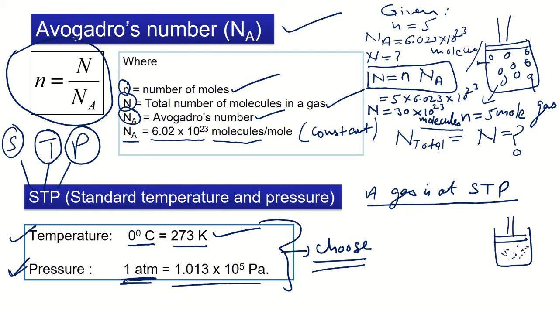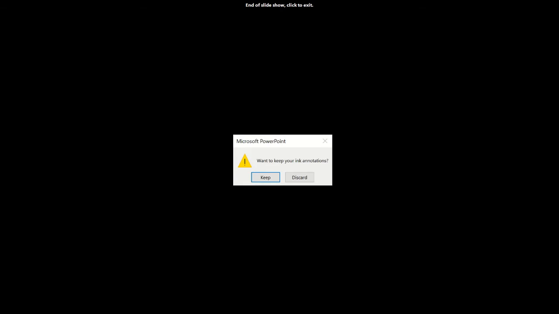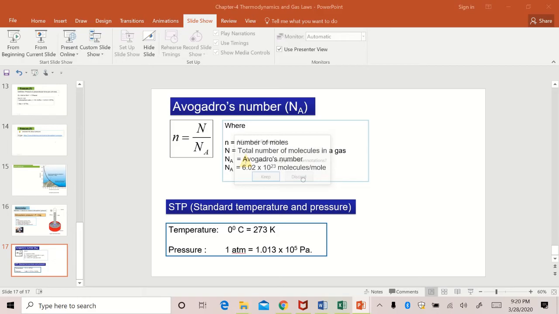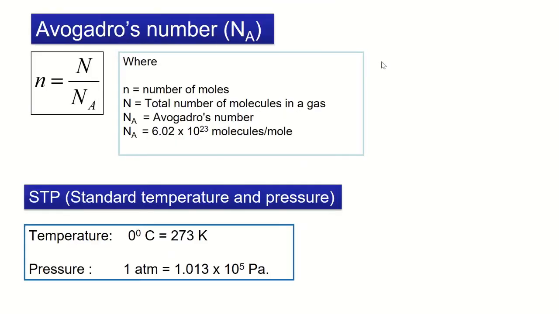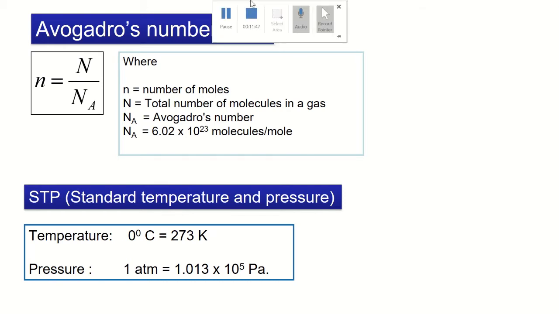So the meaning of STP is the standard temperature and pressure.